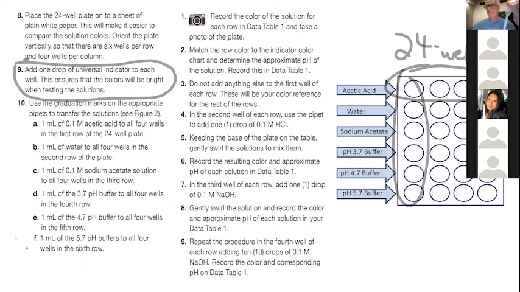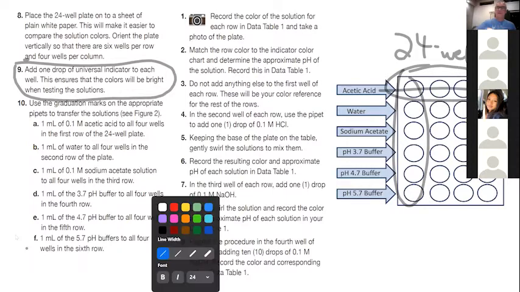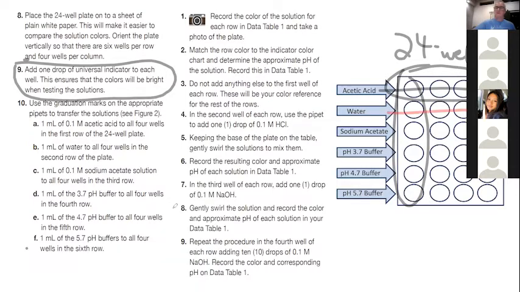And again, if it's a little bit more, a little bit less, fine. But you want to get it as close to 1 mil as possible. Add 1 mil of the acetic acid solution to the top 4. And then do the same thing, water in the second 4, sodium acetate in the next one, 3.7, 4.7, 5.7.